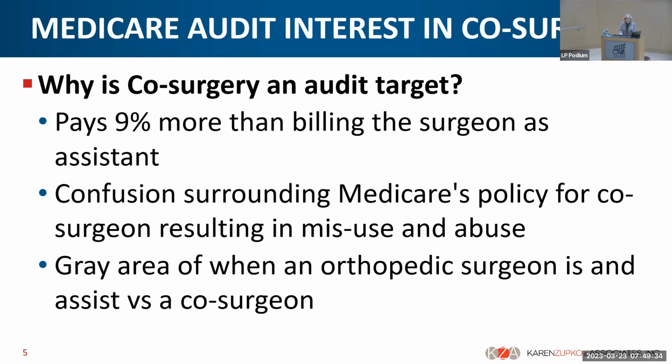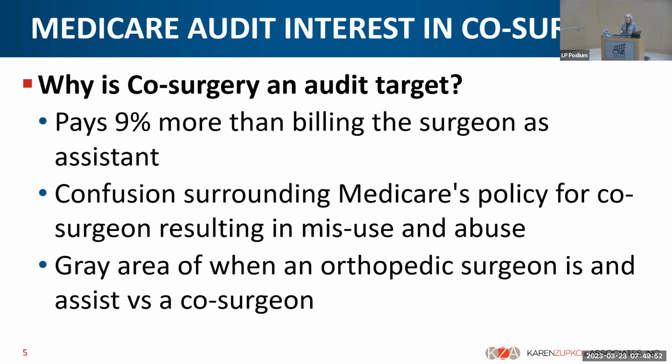Now, a big gray area is many institutions have kind of a relationship with their orthopedic surgeon peers, and they do a lot of cases together, especially deformity cases or very complex spine cases, and they may have an orthopedic surgeon come in and work with them.